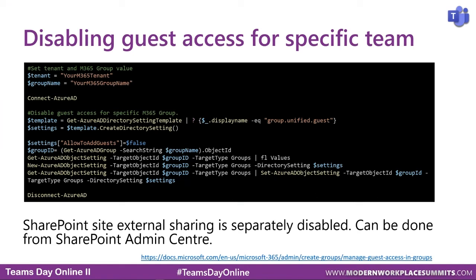So that's disabling the guest. But specifically, we're looking for a specific group. So in this case, it'll be Mark 8 project team, and we can say disable not only the SharePoint site, and that's a separate setting altogether in SharePoint, which we had a look at a few moments ago. But this one is controlling your group itself.